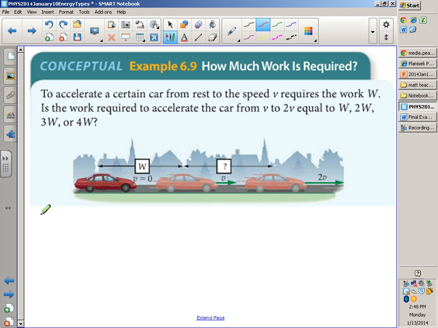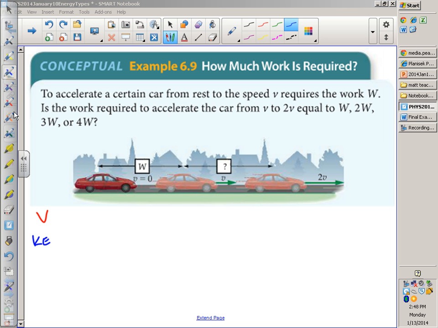Because it's a changing kinetic energy. You're on the right track.